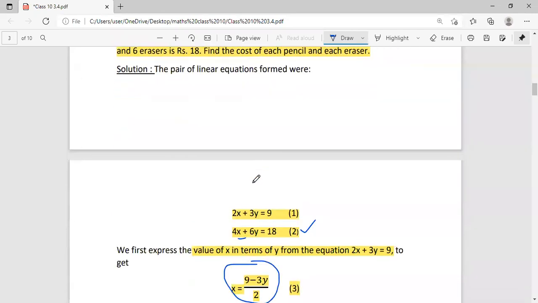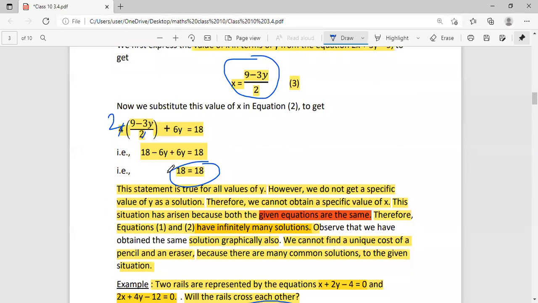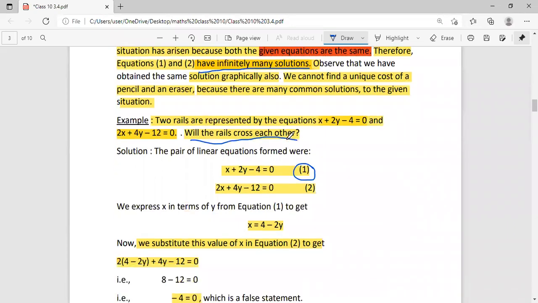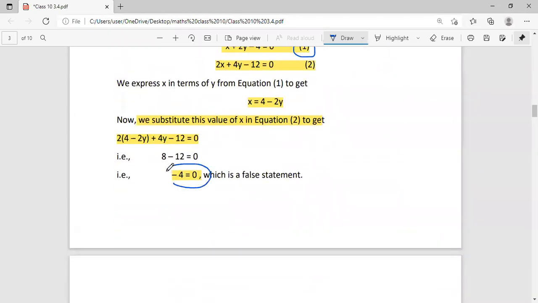In the next case, the equations formed were the same, that is, LHS and RHS were equal, which means they have infinitely many solutions. And in the last case, we got a wrong statement, a false statement, and we can conclude they have no solution at all.